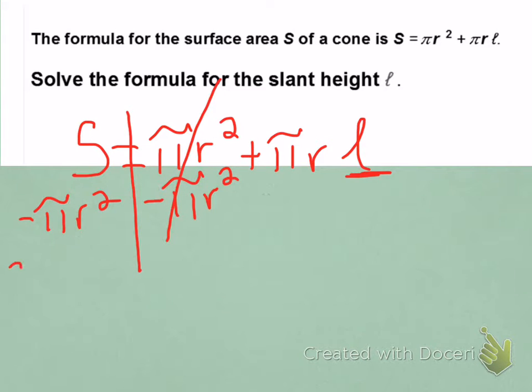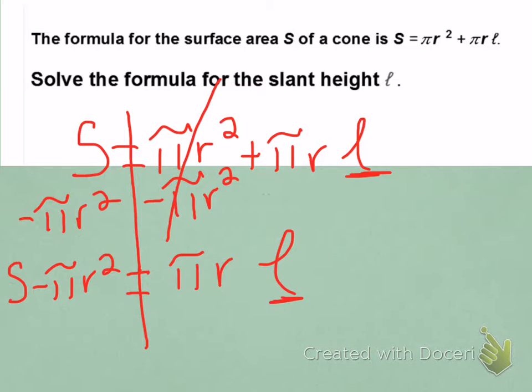So on the left side, I'm left with S minus pi times radius squared equals pi times radius times the slant height. I want to get the slant height by itself. So the opposite of multiplying pi times radius is dividing by pi times radius.